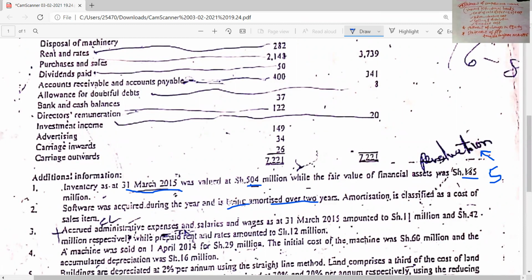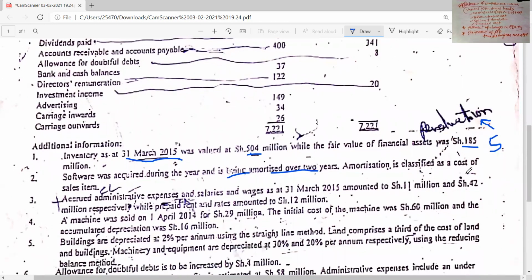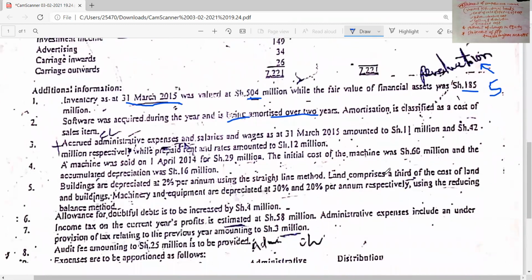Remember the expenses we classify under functional heads, either under cost of sales, administrative costs, selling and distribution, or under finance cost. The examiner was very specific. He told you that amortization is classified as a cost of sales item. So that 50 will be added to the cost of sales.